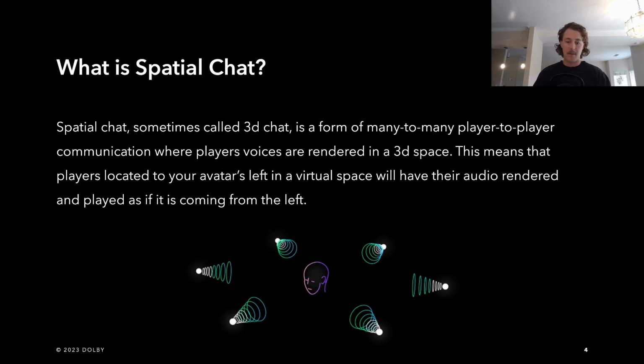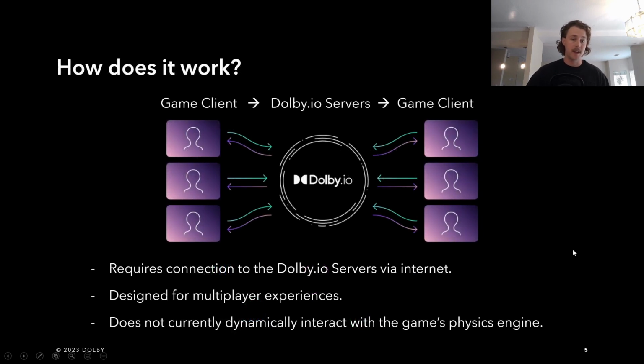Same thing if someone is standing above and behind you, it's going to sound like it's coming from above and behind you. Now, there's a lot of reasons why spatial chat is really interesting, but for one, it kind of mimics how we hear and interact with people in the real world. And that's a very powerful thing to be able to translate into the game space.